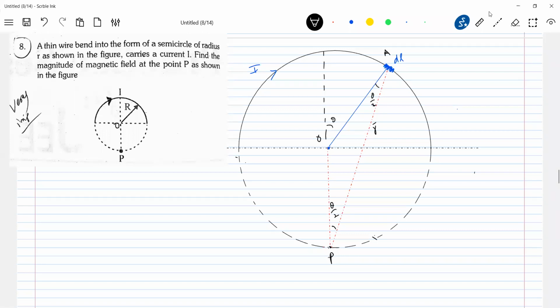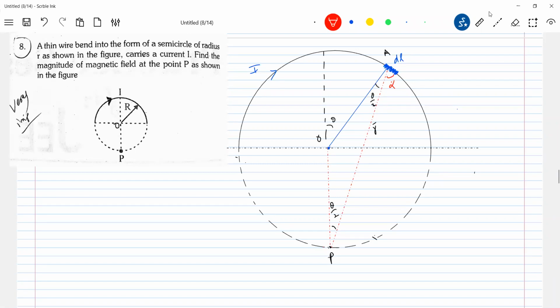What is the angle between the current element and the position vector? I think that angle is what is needed in Biot-Savart law. So let me call this angle alpha. The angle between R bar and I dl bar is alpha.